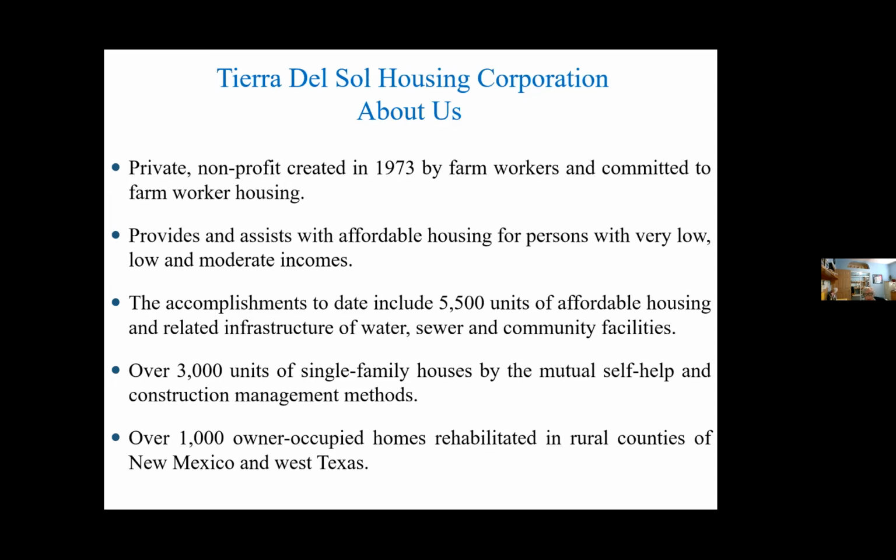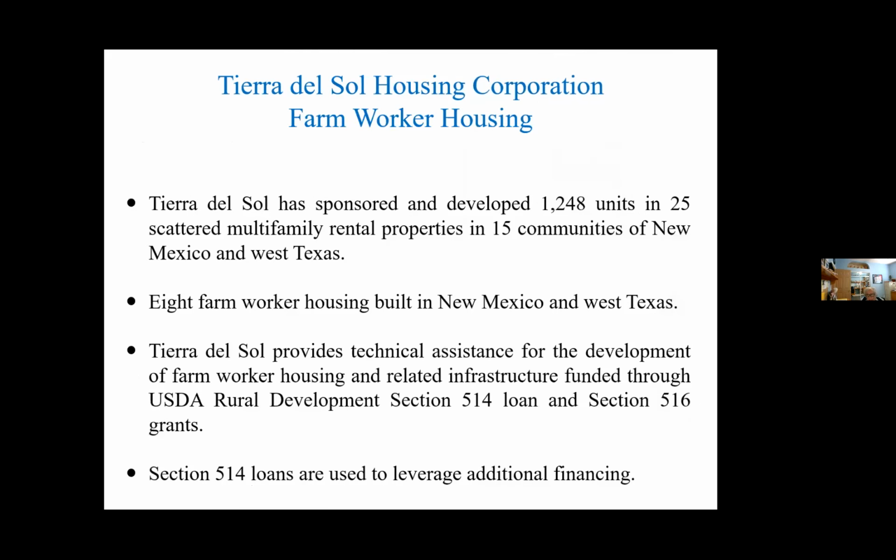And there's been over 4,000 homes that have been rehabilitated. We provide loans and grants for farm workers to build their home, or if they already own a home, we will help them with funding so that they can improve the home if there's repairs that are needed for the roof or plumbing or whatever.